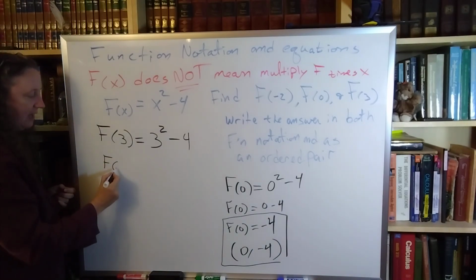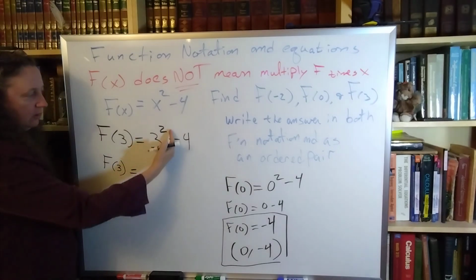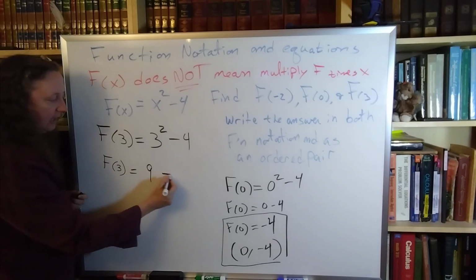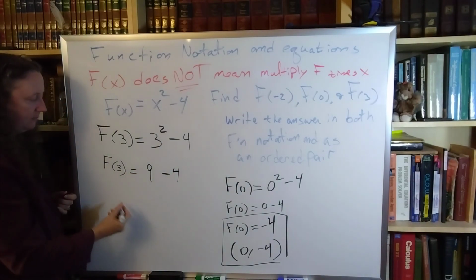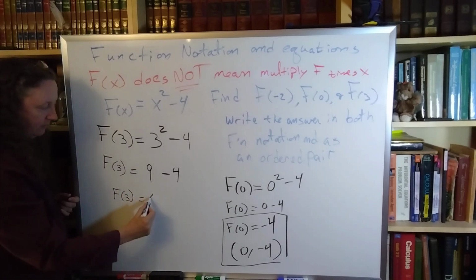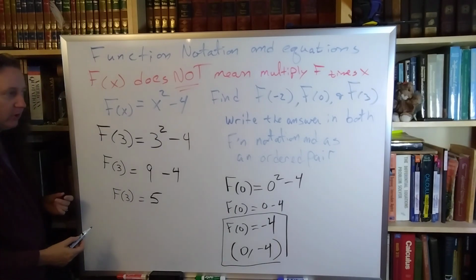I keep this as f of 3. Do not change that. Equals, order of operations, 3 squared gives me 9. Carry down my minus 4. F of 3 equals 9 minus 4 is 5. So I have the first part of my answer.